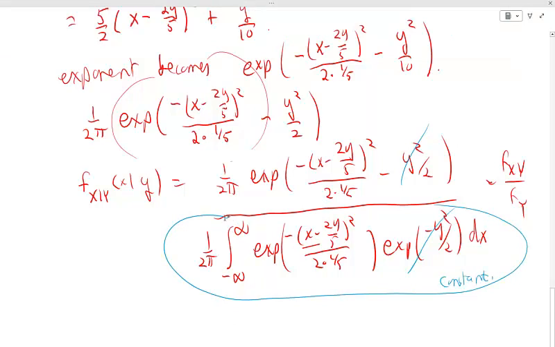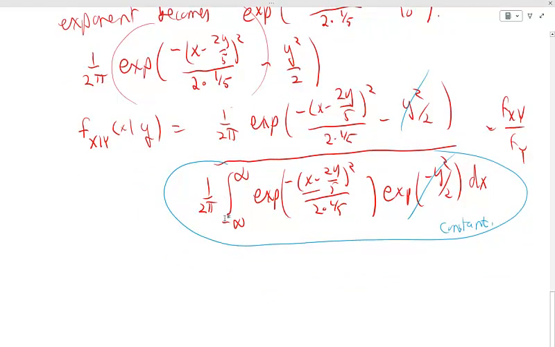So what do we have here? This is the density of x given y. X is the variable that I'm having the density in. I'm treating y as a constant.